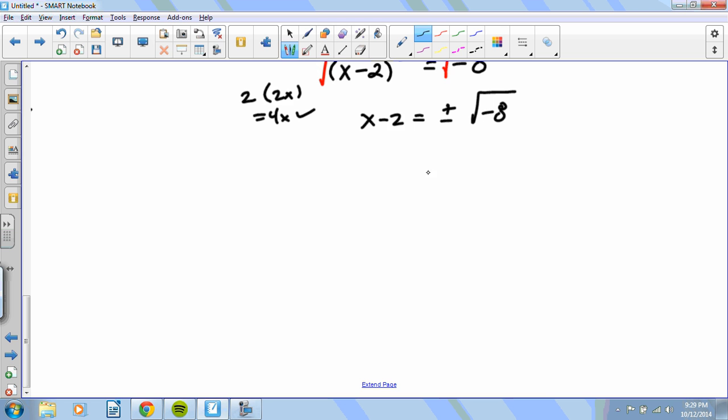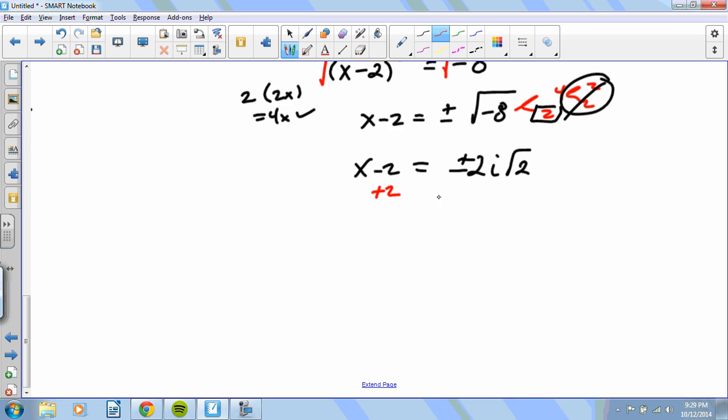The first thing that sticks out is the negative, so I have to take out plus or minus an i, and then 8 gets simplified. That's 2 and 4, just 2 and 2. And there's a pair of 2's, so I can bring out a 2 with that i, and I have a 2 left over.